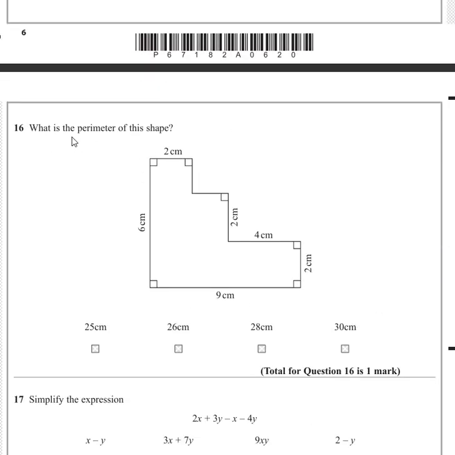Okay, this one is an interesting one. So I must find the perimeter. So the perimeter means that we have to add all the outside shape. The thing is we have 2, we have 6, we have 9, we have 2, we have 4, we have 2, but we have these 2 sides missing. All right, and that's what we're trying to figure out. Well, for this side, it's quite easy, okay?